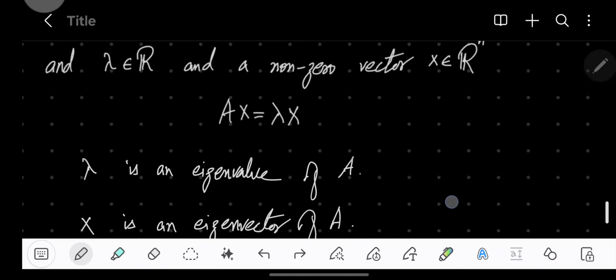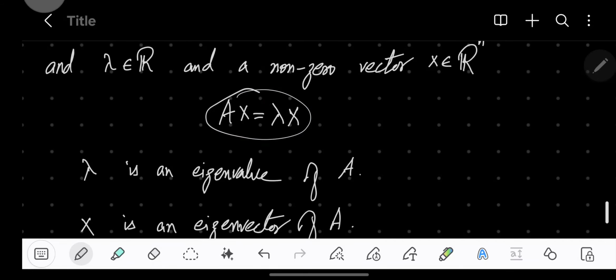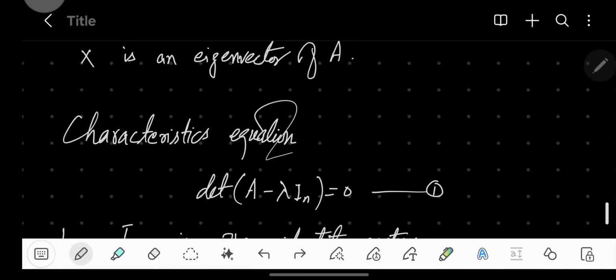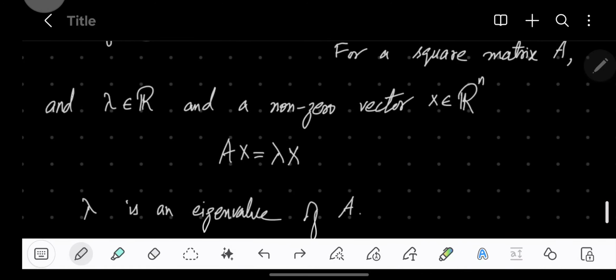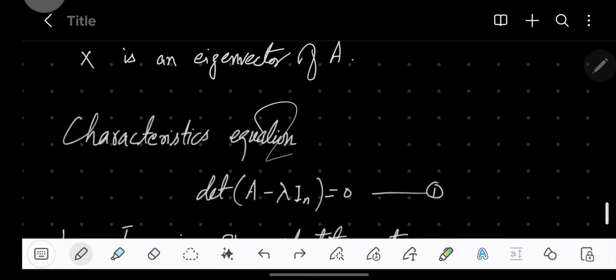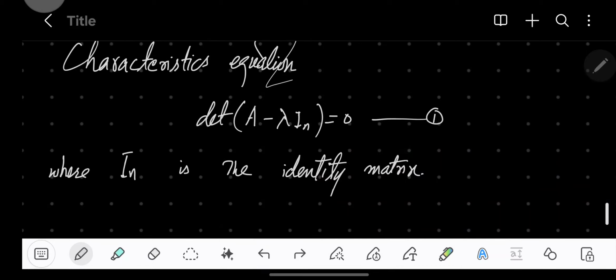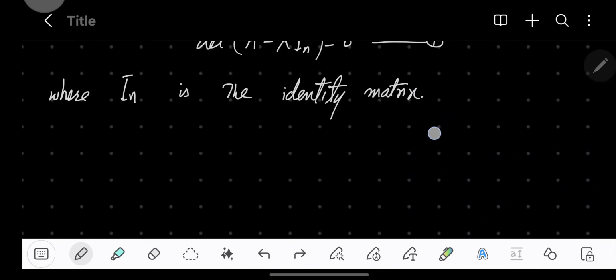So whenever you have this kind of equation, its corresponding characteristic equation is the determinant of A minus lambda times the identity matrix, equated to 0. Then this equation is called the characteristic equation.